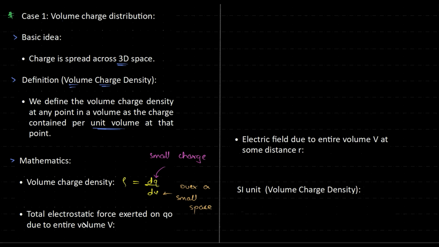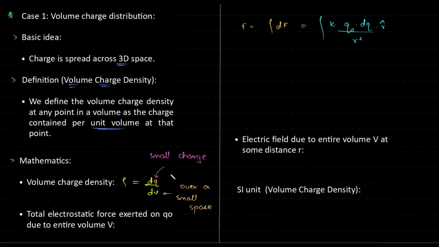Now, the total electrostatic force exerted on Q naught due to the entire volume, how will it look? Well, we know that we need to add all of the forces as per the superposition theorem. We can do that. And here we are looking at K Q naught dq by r square r cap.